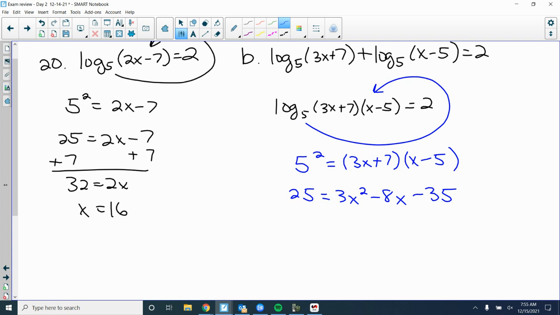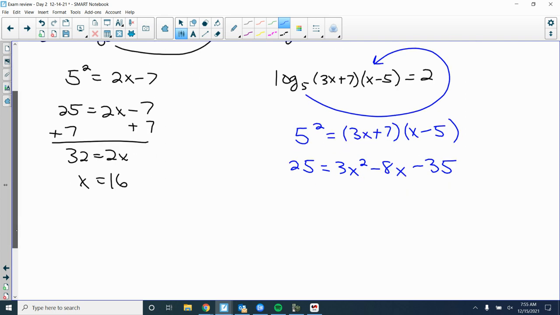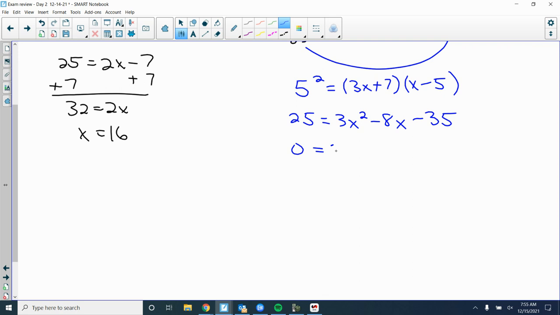You got an x squared. You got a quadratic. You got to factor or use the quadratic formula. I'm going to tell you right now, not every time, but this typically is going to factor. Subtract 25, I get 0 equals 3x squared minus 8x minus 60.